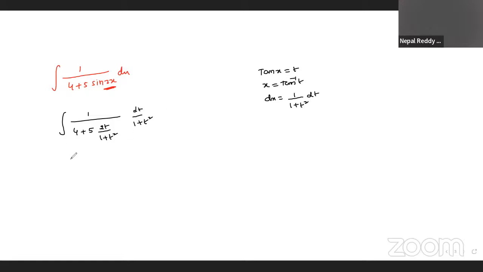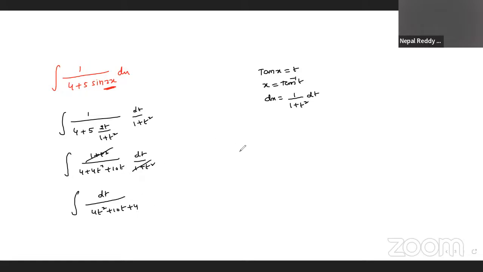On simplification it becomes 1 plus t square divided by 4 plus 4t square plus 10t, times dt by 1 plus t square. 1 plus t square gets cancelled, and you will get dt divided by 4t square plus 10t plus 4.